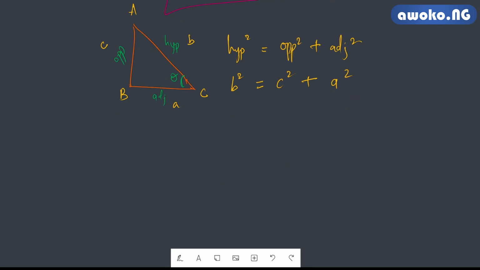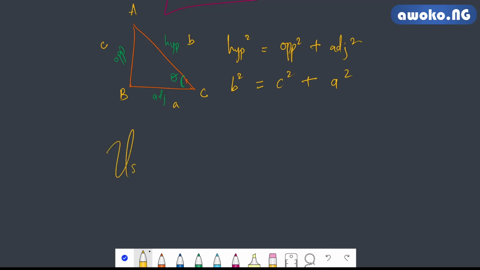Use Pythagoras theorem. Using Pythagoras theorem, we are asked to find the third side of a right angle triangle A, B, C if the two other sides are 3 and 4 respectively.